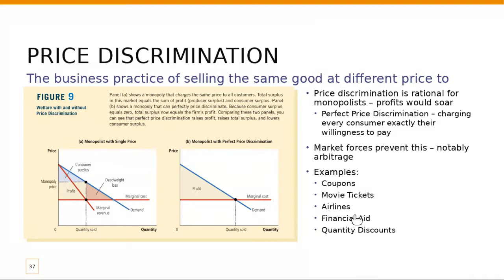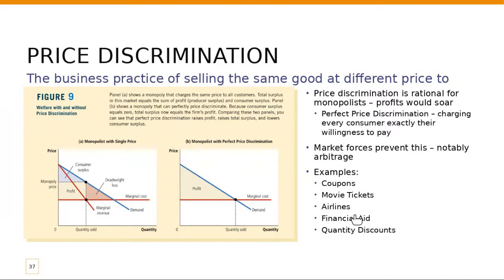So basically, imagine that one town is willing to pay more for a good than another town. The way that arbitrage counteracts price discrimination is that arbitrage is simply individuals buying a good at a lower price in one area, going to an area where the price is much more expensive and selling it there.